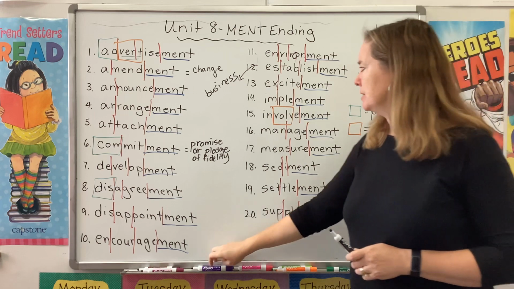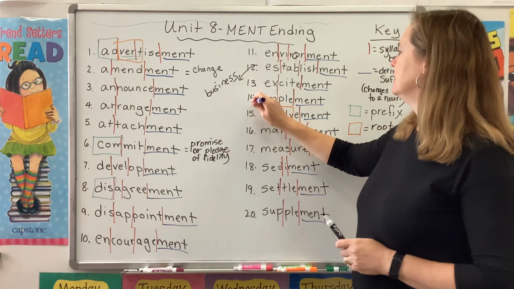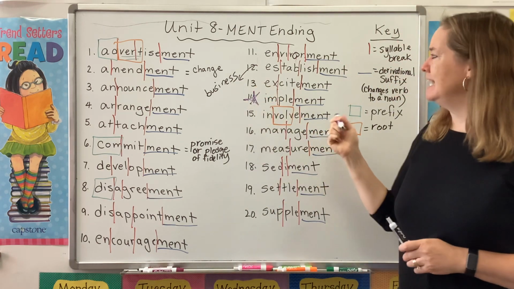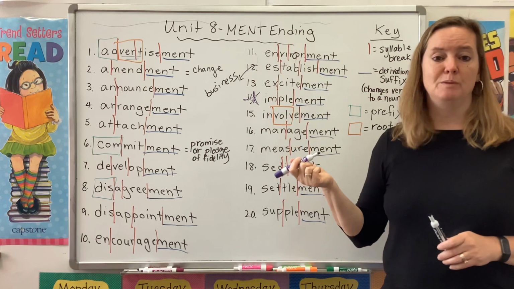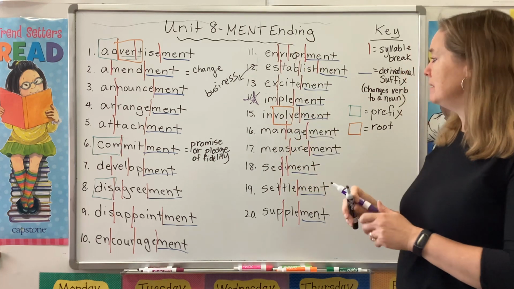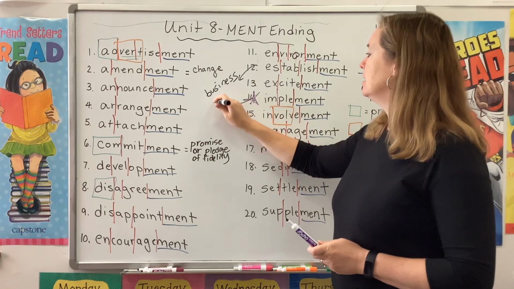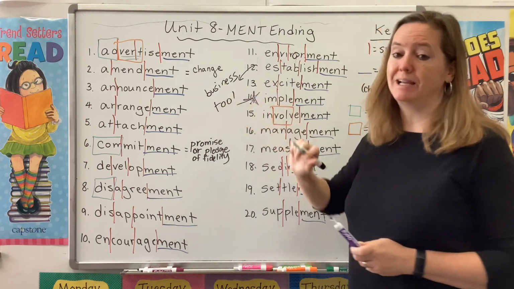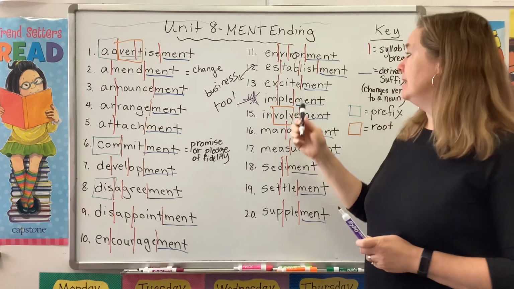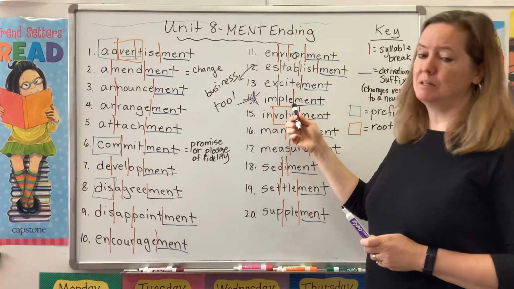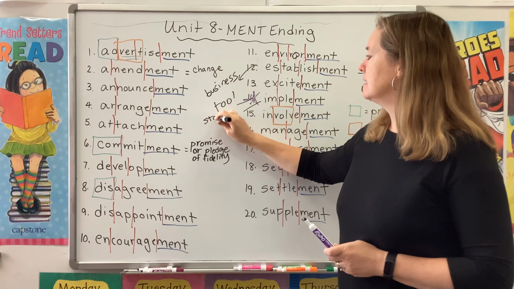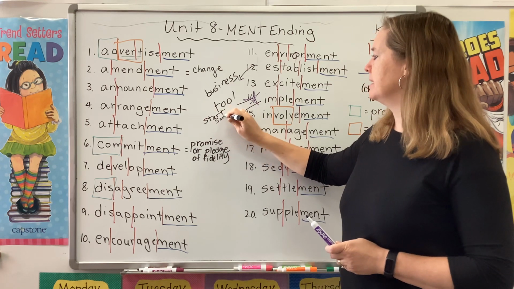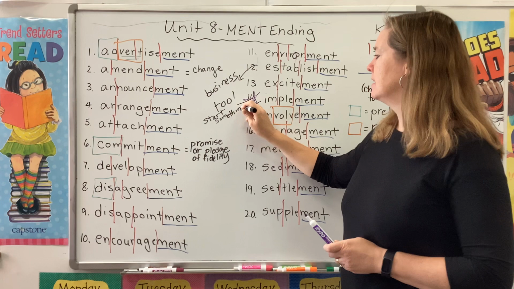I want you to put a star next to implement, because remember I said all the words on our list this week are nouns, and an implement is a noun because it is a tool, like a writing implement. But you can also implement something, which means start something new.